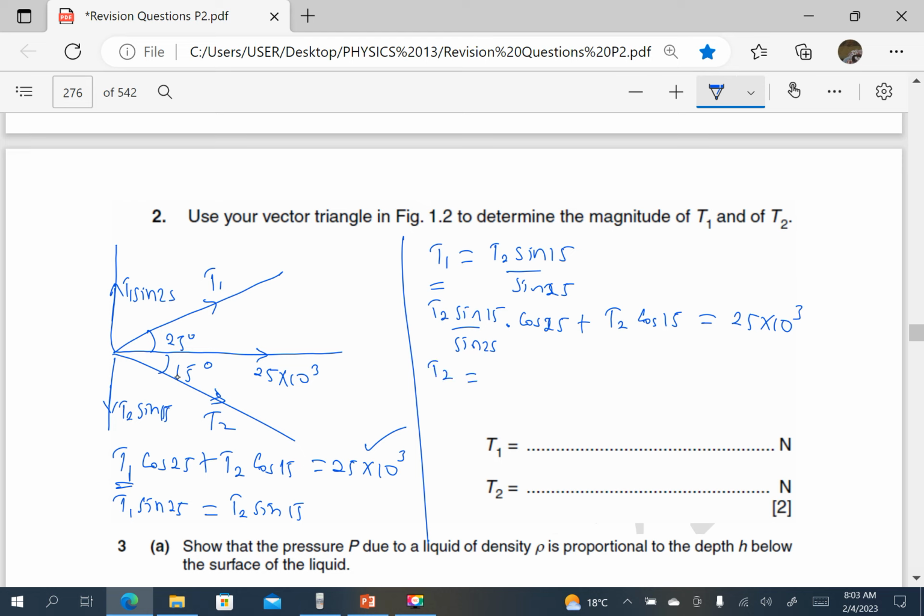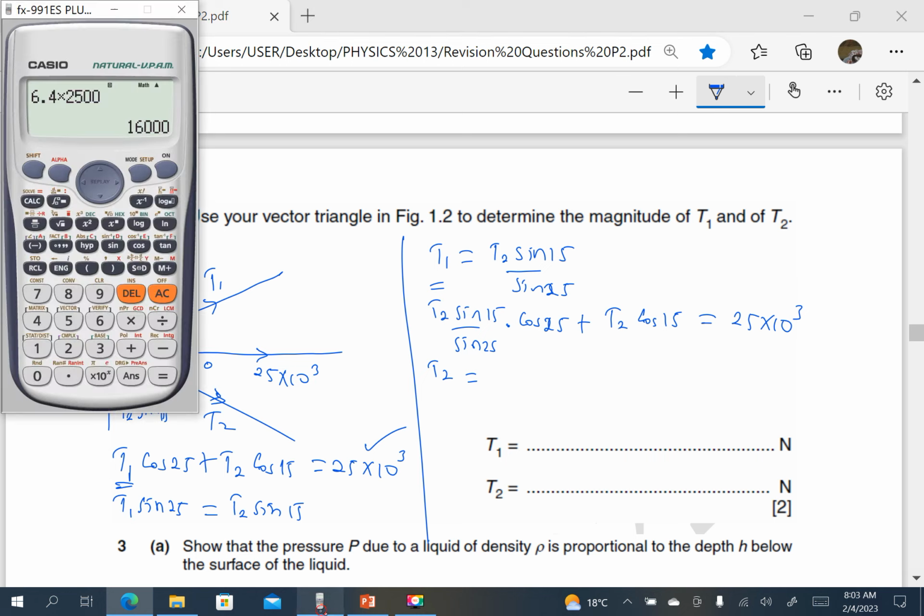T2 equals 25,000 divided by, in brackets, sine of 15 times cos of 25 divided by sine of 25, plus cos of 15.